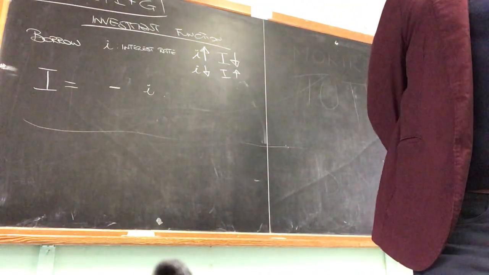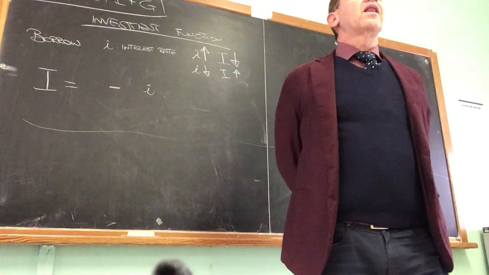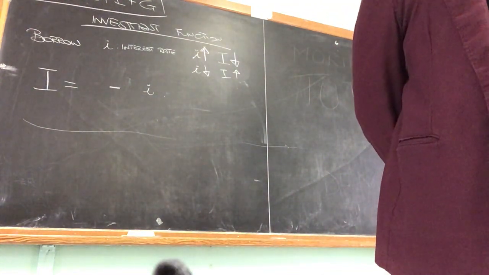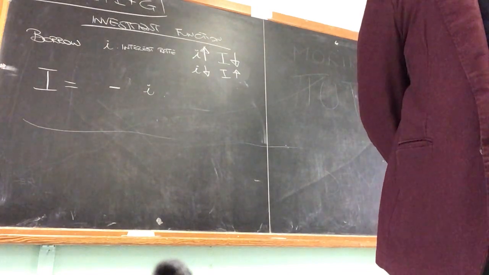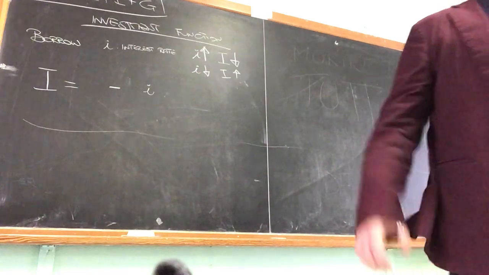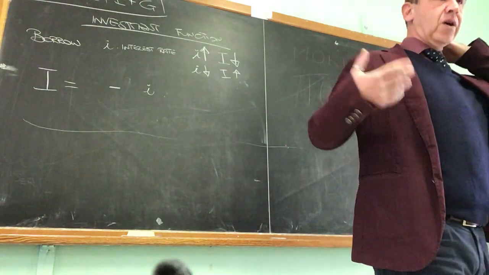Now, we need to put 2 other bricks in it. If you remember, last time we were talking about the propensity to consume, right? How sensitive people were to consumption, how keen on consuming.